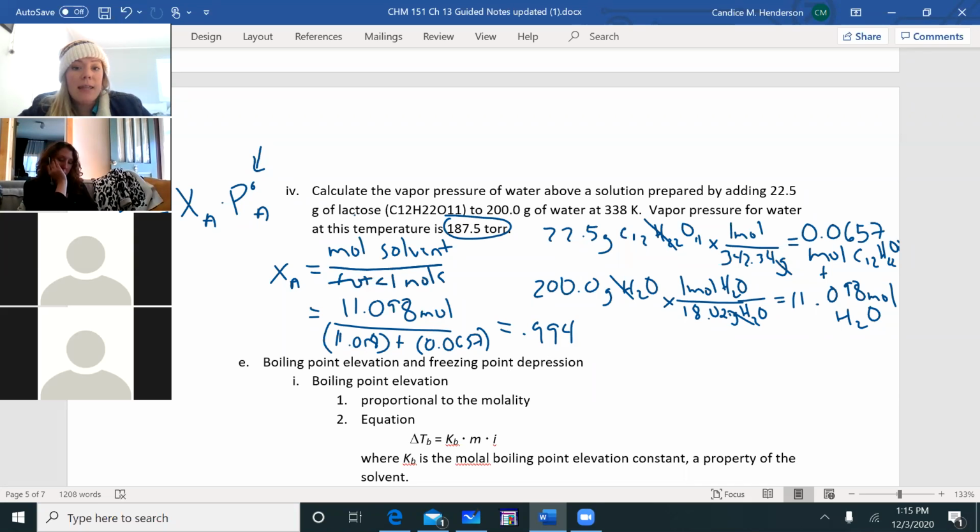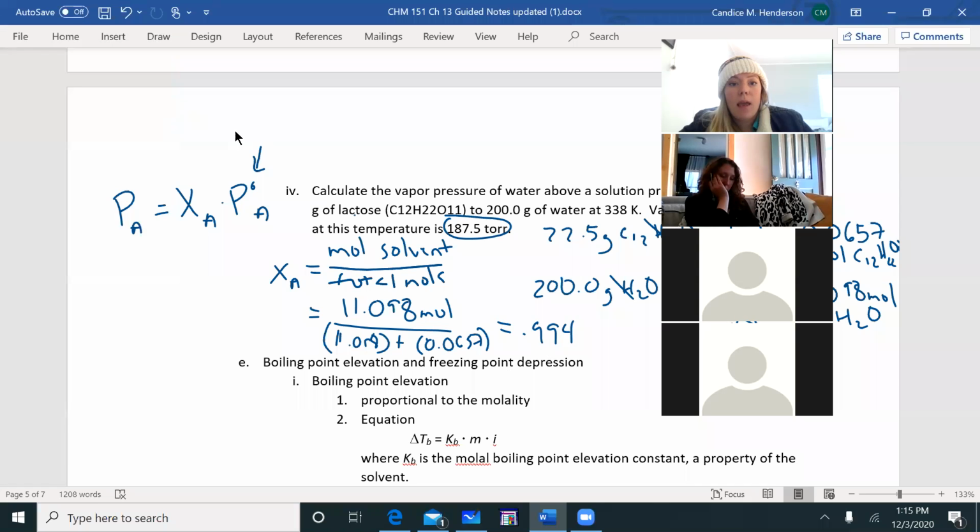So we take that and we multiply it by our pressure that was given to us at that temperature. So our new pressure of our solution will equal that mole ratio 0.994 times this 187.5 torr. Now in this value, this is a unitless value, right?